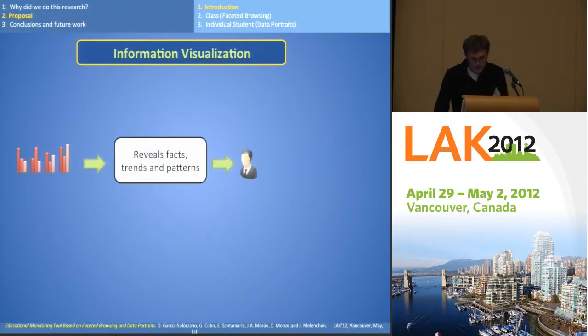Yeah, now it's improved, and we put the meaning of each square in the data portrait, because if you use it often, it's easy to know the meaning of each square. The intensity of the square means the amount of messages that the student has posted or written, etc.